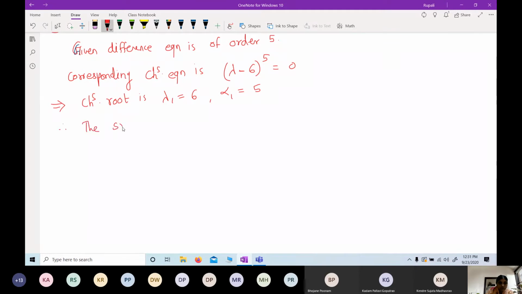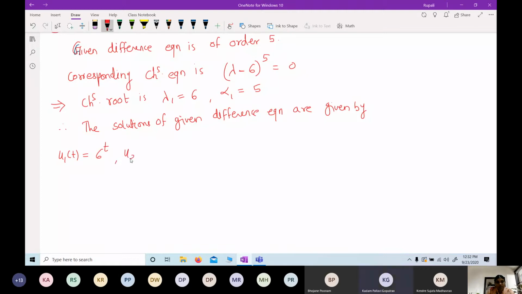Therefore, the solutions of the given difference equation are given by... What are the solutions then? 5 different solutions I will have. U1t is equal to lambda 1 raised to t, means 6 raised to t.